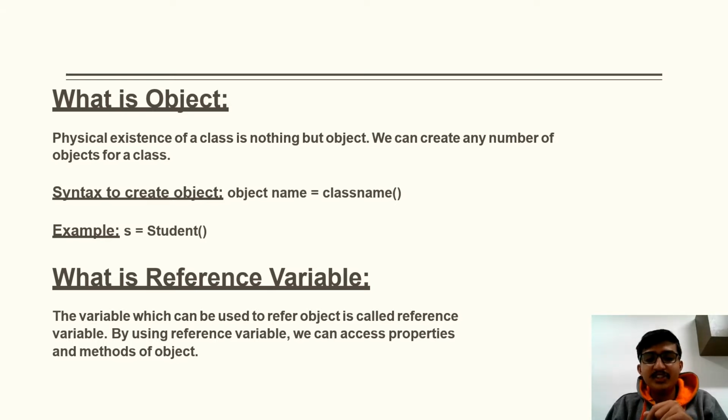The variable which can be used to refer to the object is called a reference variable. The reference variable is nothing but a variable which refers to the current object. By using the reference variable, we can access the properties and methods of the object, the method functions we wrote inside the class and the variables.